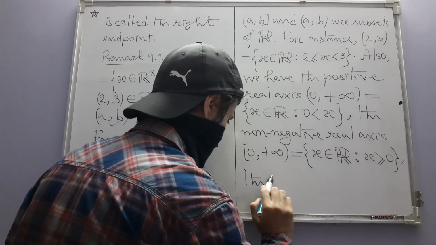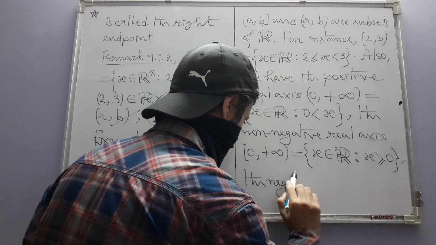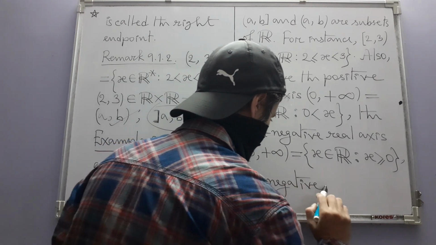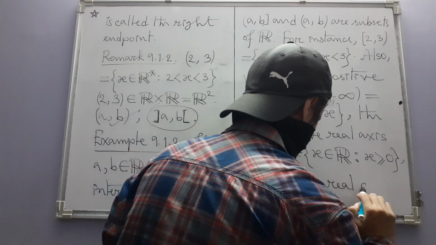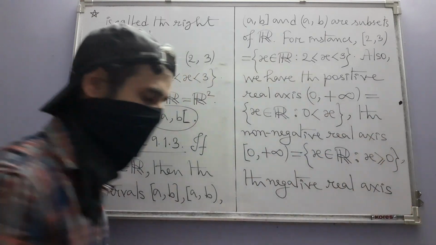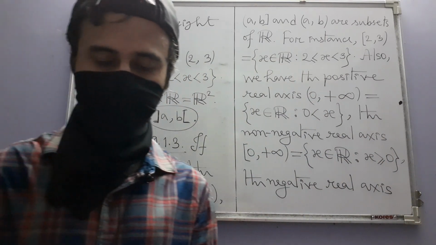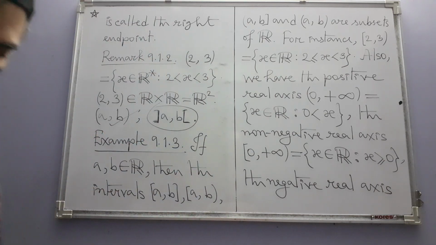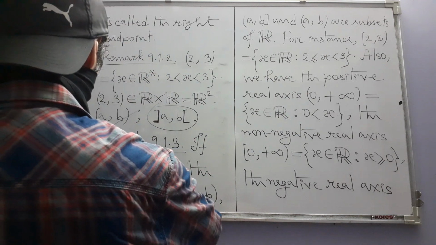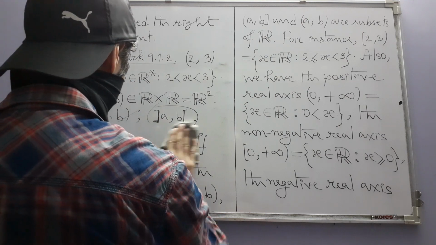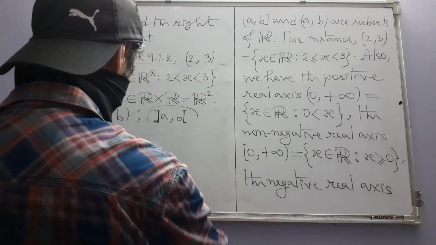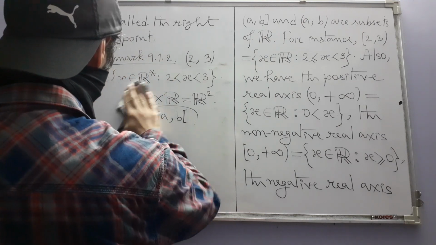The negative real axis, which consists of all the real numbers less than 0, and the non-positive real axis, which consists of all real numbers less than or equal to 0.